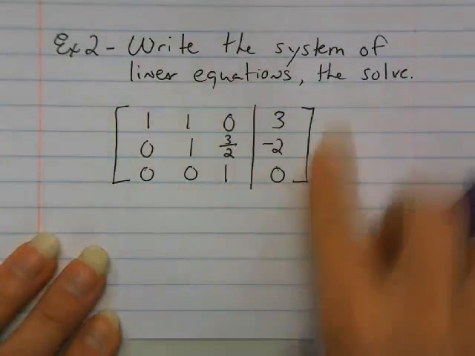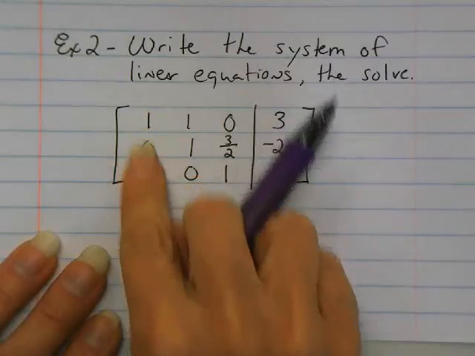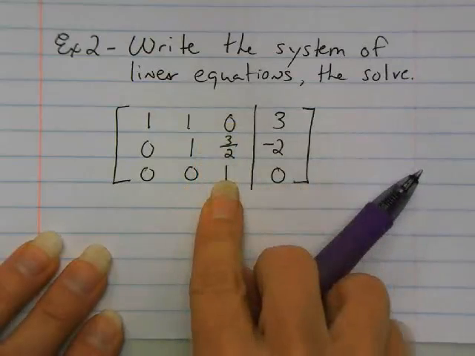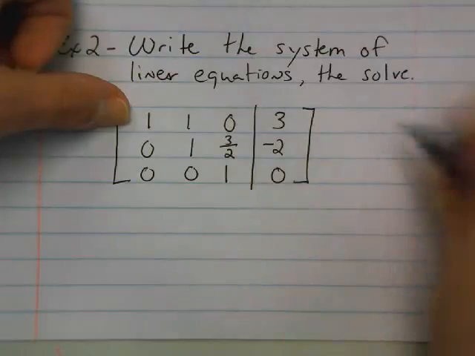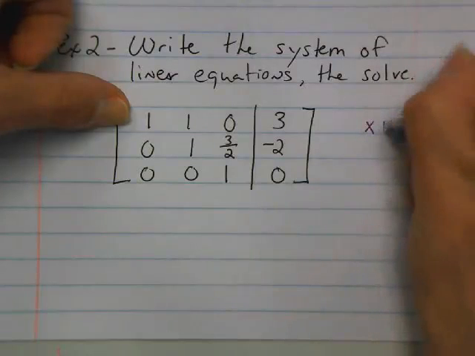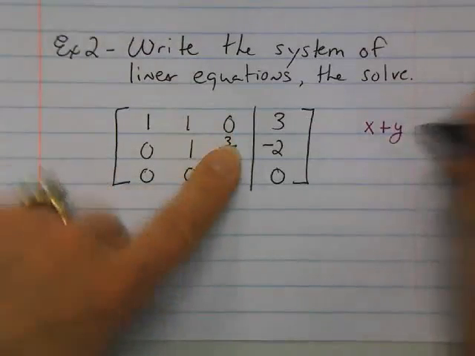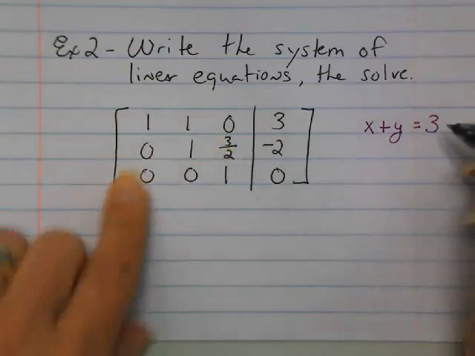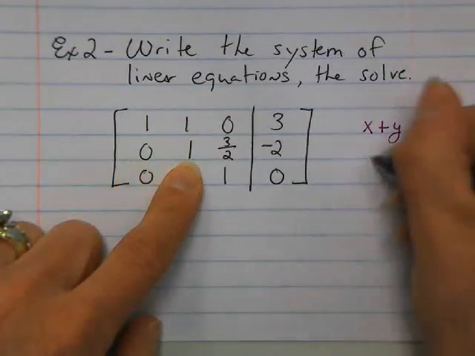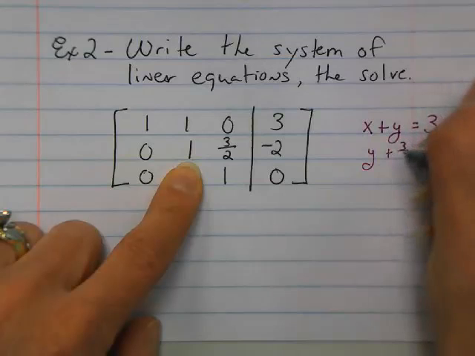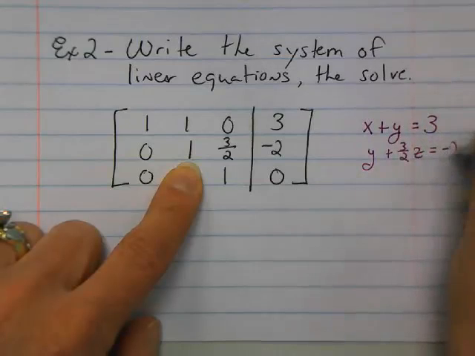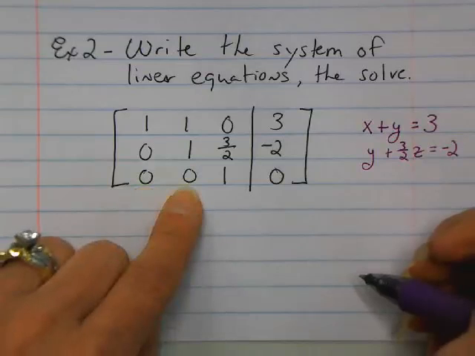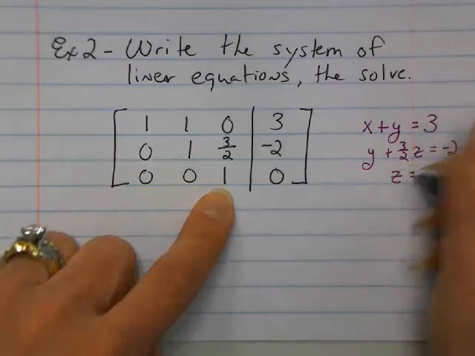Okay, so I have my augmented matrix. Remember, the first column represents x, the second column represents y, the last column represents z. So my first row would be x plus y plus 0z, I don't need to write it, equals 3. My second row has no x, it's y plus 3 halves z equals negative 2. My last row has no x, no y, z is equal to 0.